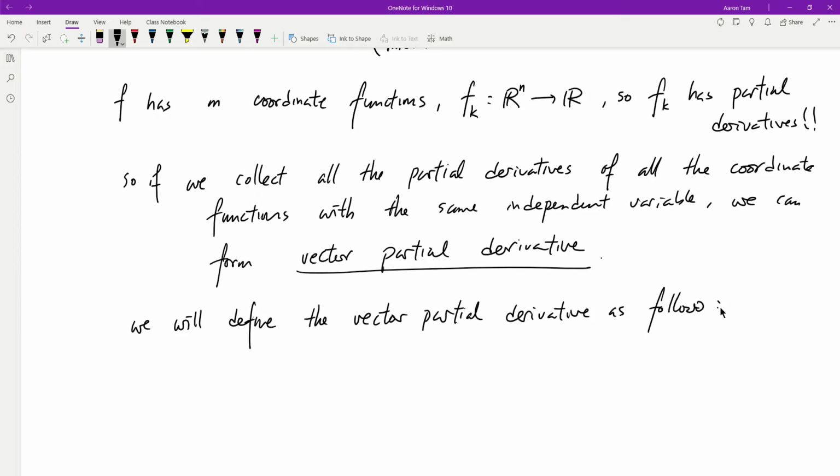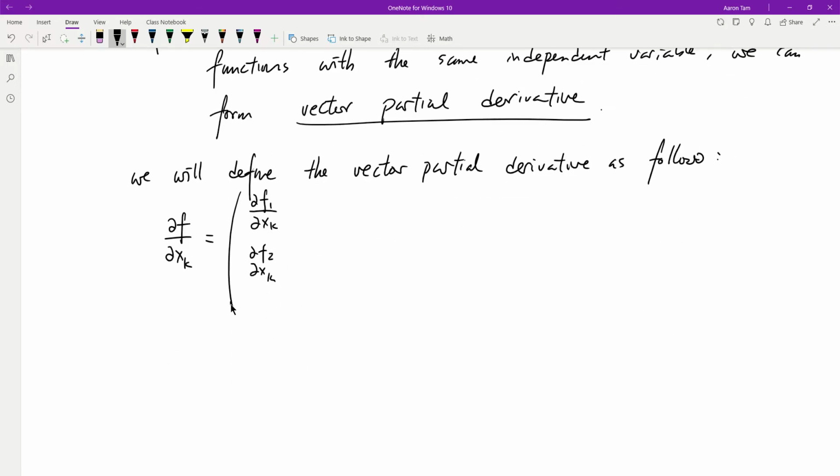So we will define it kind of the same way we usually define it. We're going to have this notation, which is the scripted d, df over d vector x, d x sub k. That would indicate the partial derivative with respect to x sub k. To form this partial derivative, I'm going to simply take the partial derivative of each coordinate function until I get all of them.